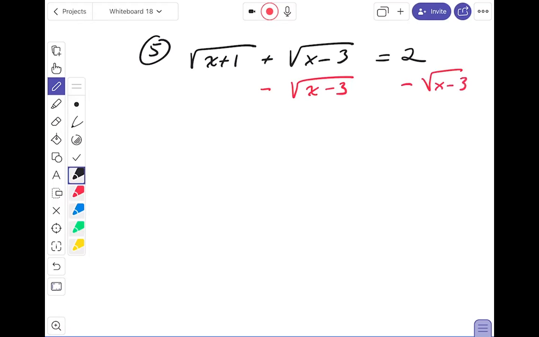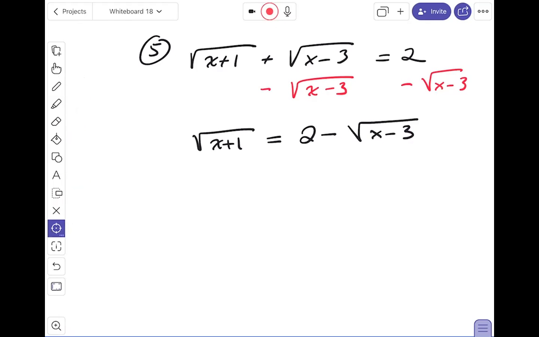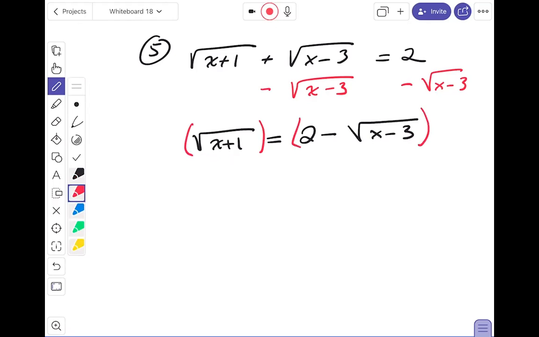And what would you end up with? The root of x plus 1 equals 2 minus the root of x minus 3. Now someone says, what did you just do? I isolated one of the radicals. What's your recommendation now? Raise both sides to the index, which is 2.